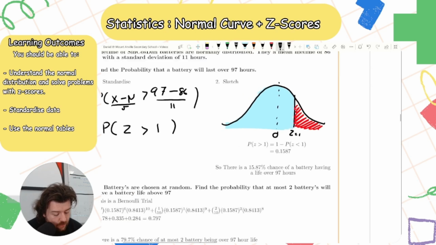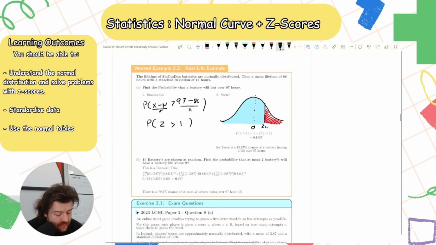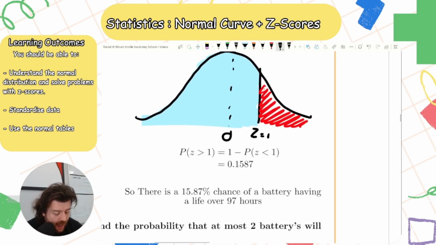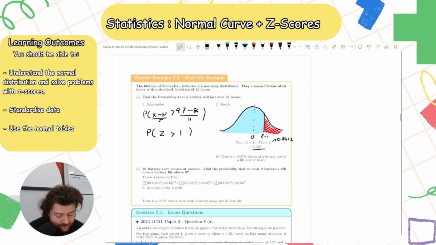If you go to your tables and look it up, you'll get 0.8413. Subtract it from 1, you get 0.1587. That means there's a 15.87% chance that a battery will last over 97 hours.